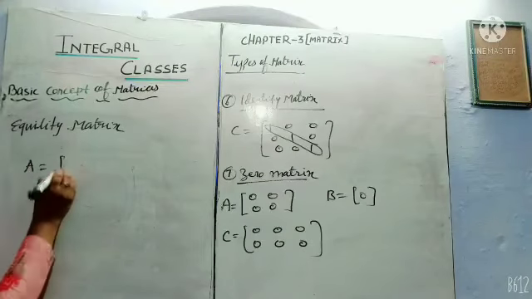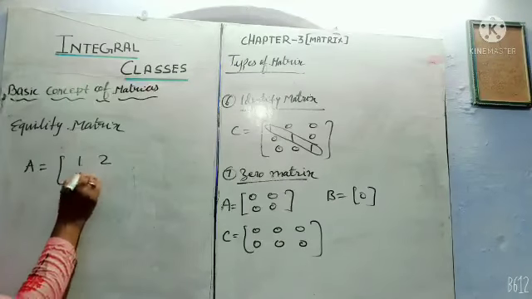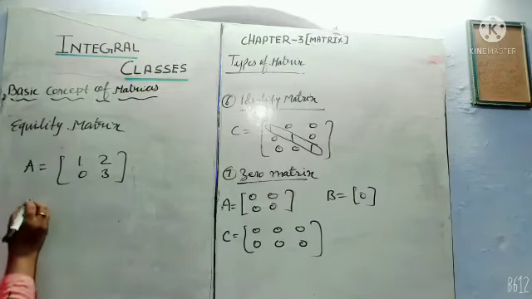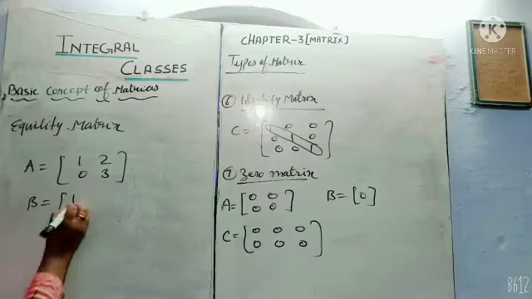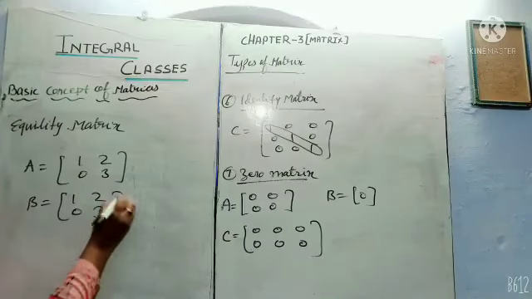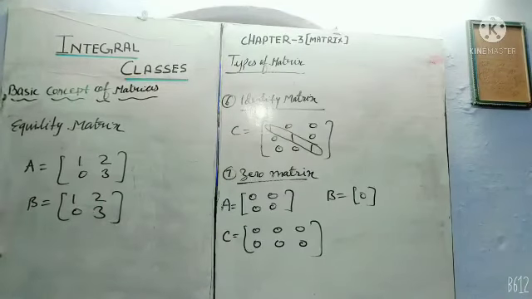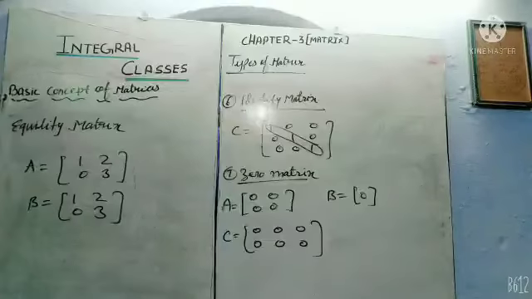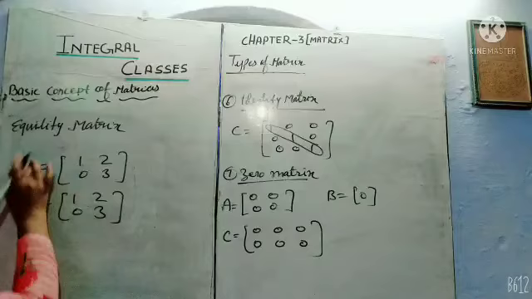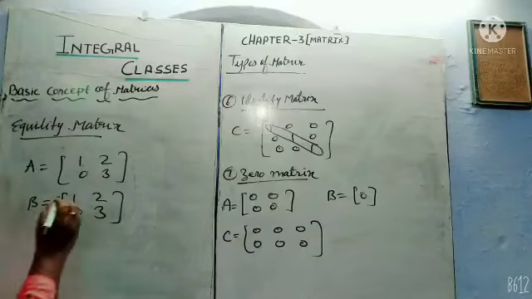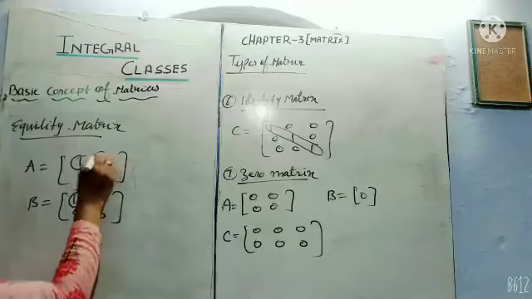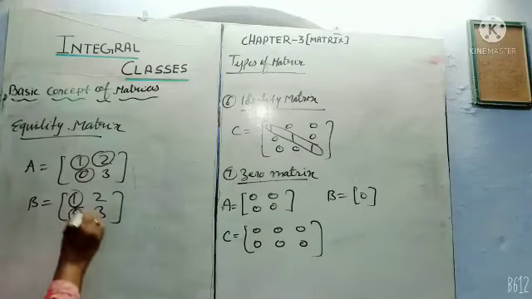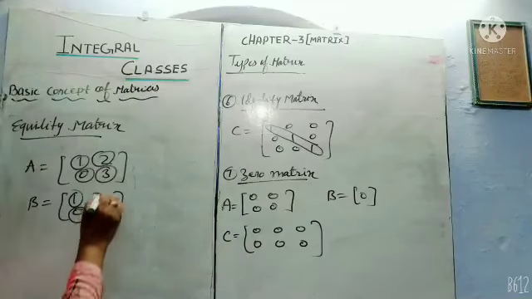A is 1 2 0 3 and B is 1 2 0 3. So these two matrices are called equal matrices, because every element is in the same place with the same number.